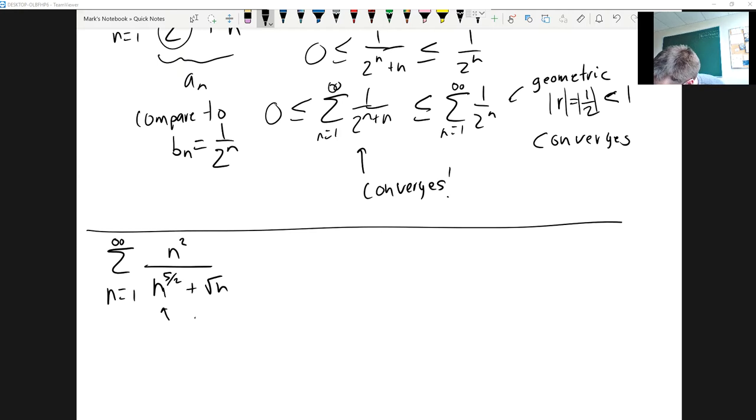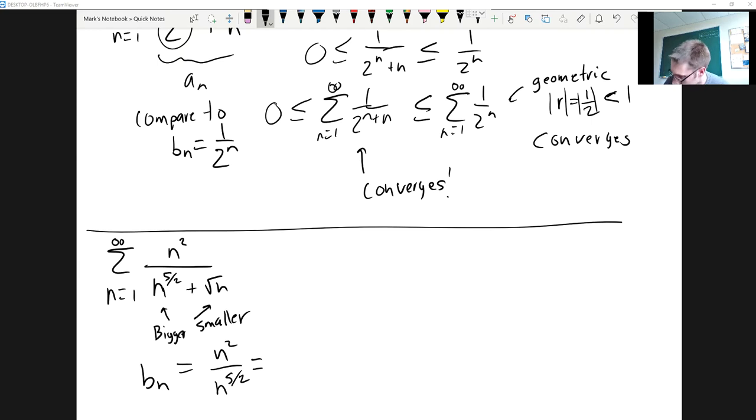Let's look at this sum in the denominator. Of the two terms, which one is going to be the larger one? Well, the one with a higher power is going to be larger, and so this is going to be bigger. The other one is going to be smaller. And so that suggests that maybe this should behave like n squared over n to the 5/2, which you could simplify the powers of.